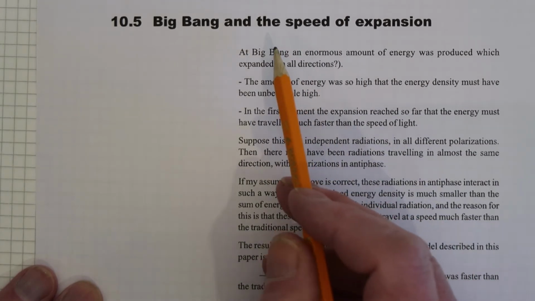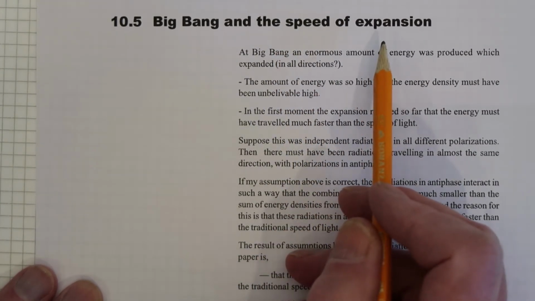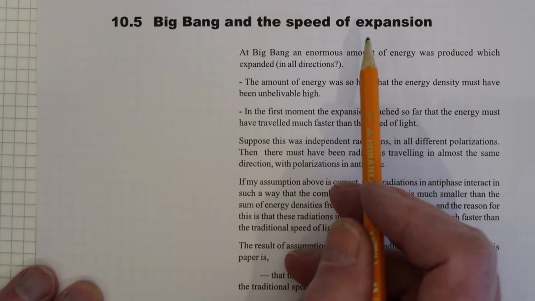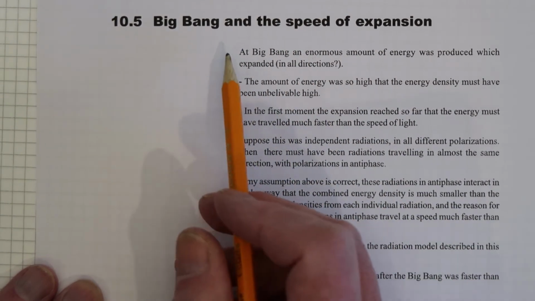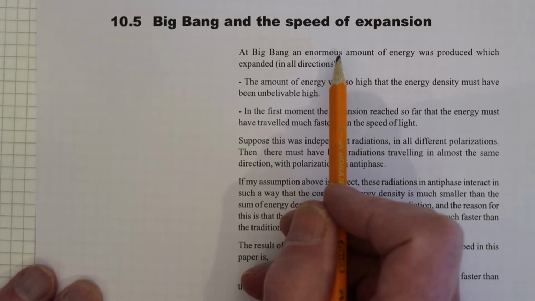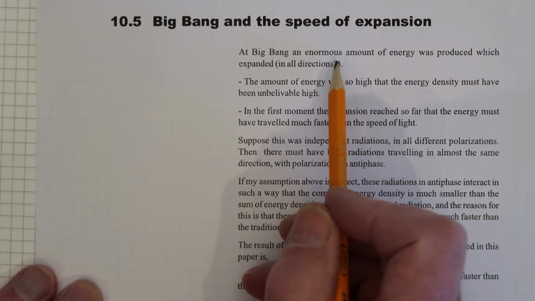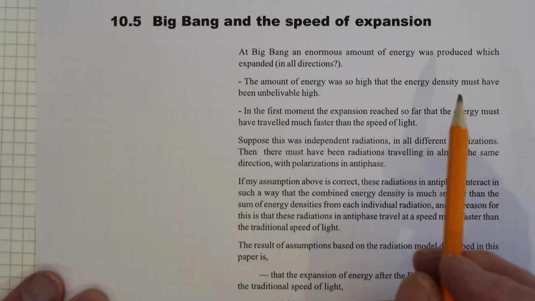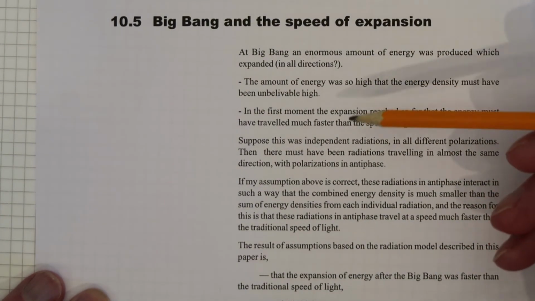And if the radiations were traveling in antiphase and traveling very fast, the energy density would not be very high.